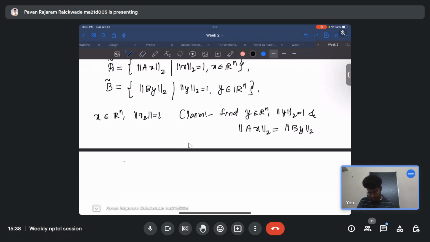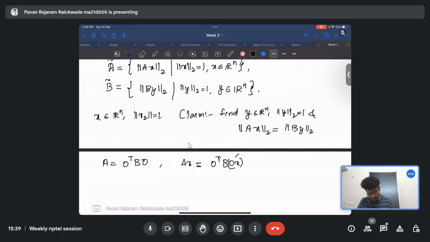So what will be the y? First of all, we have A equals O transpose B O. So what is Ax? Ax equals O transpose B O x.